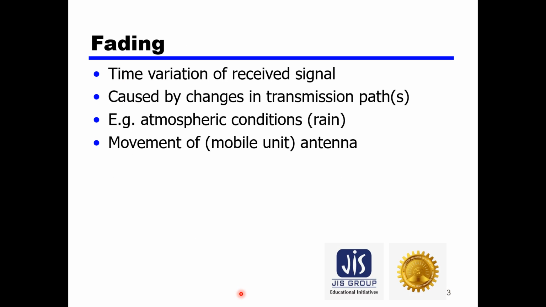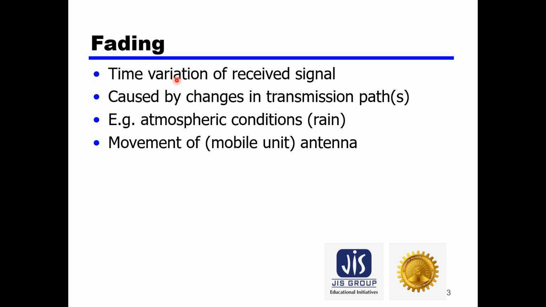Then there is fading. Fading is the time variation of the received signal. Sometimes you may see in your mobile communication that the sound from the opposite side is hard to receive or very low in magnitude, and sometimes it is very high. Why does this variation occur? Because of fading.